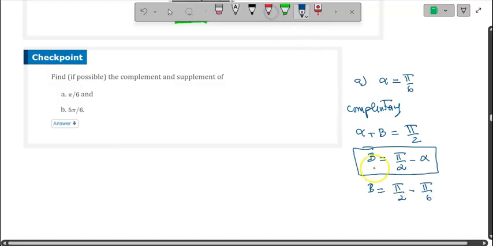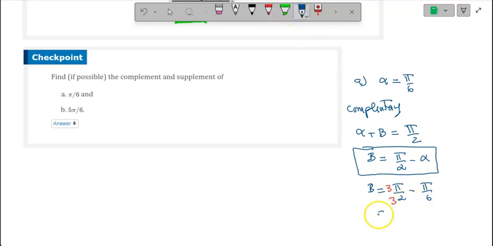You want to get same denominators, so you multiply by 3 and 3. This turns into 3 pi over 6 minus pi over 6. This will turn into 2 pi over 6, which is pi over 3. So the complementary for pi over 6 is going to be pi over 3.